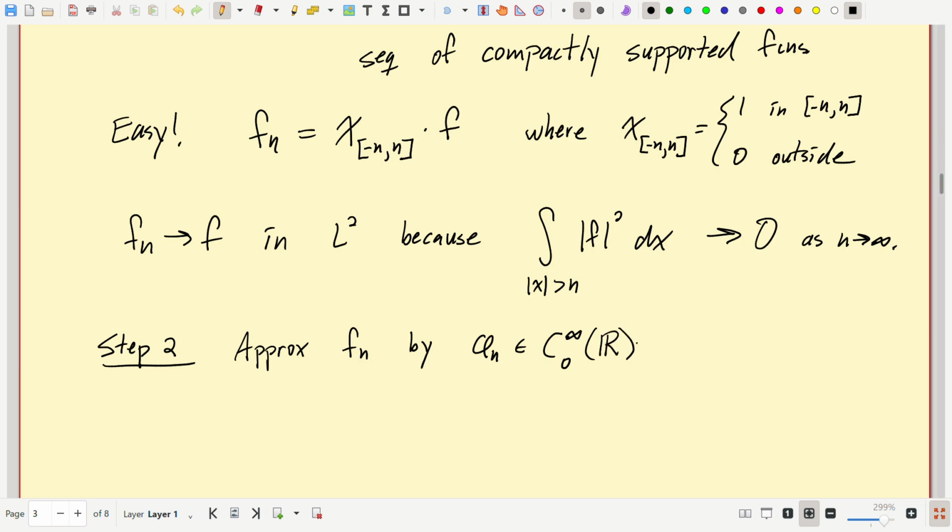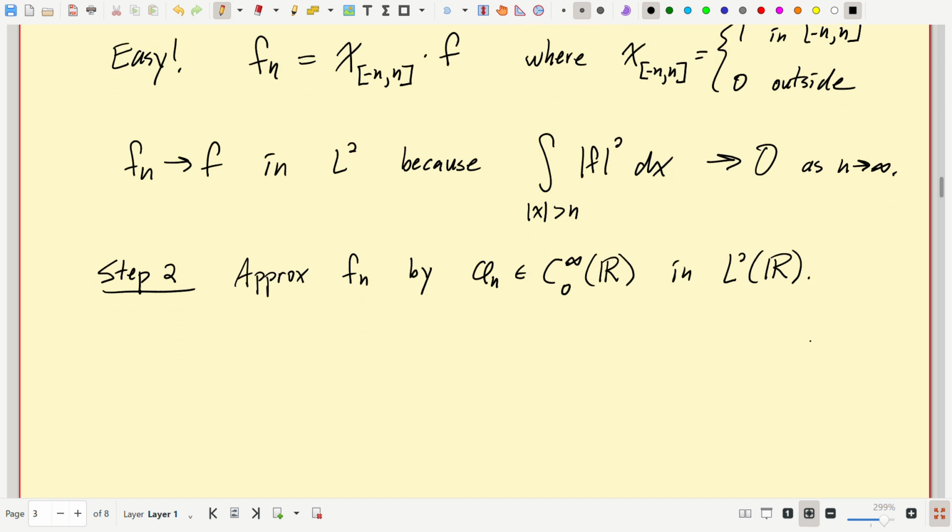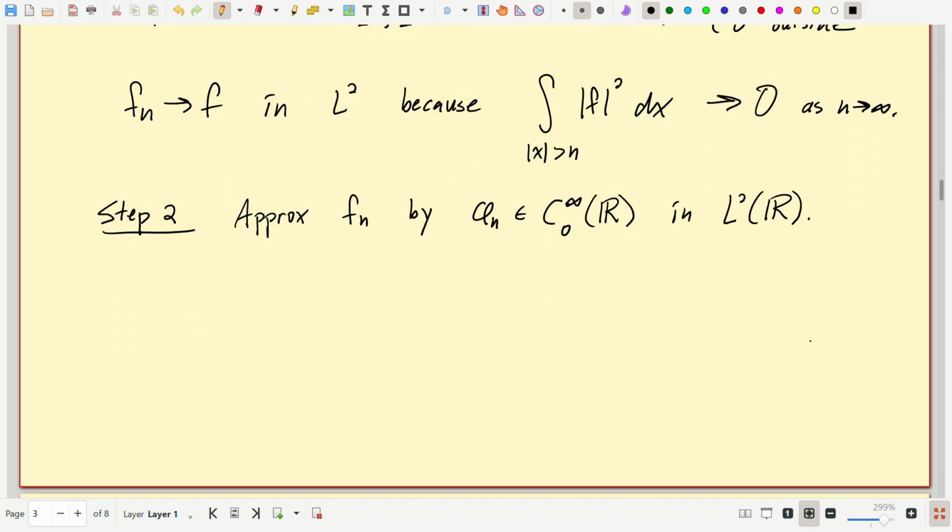So approximate Fn by that in L2. Of course, I'm not going to do all the details here, but I'm going to give you a preview of what you'll see in a more advanced course, if you ever do this kind of thing in a PDE class or someplace fancy.